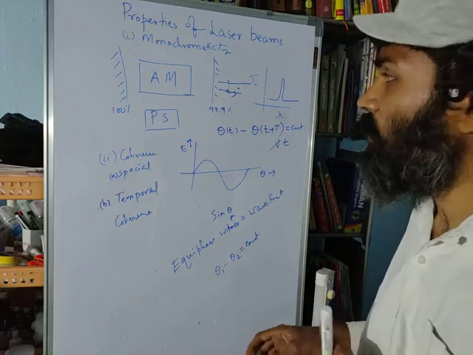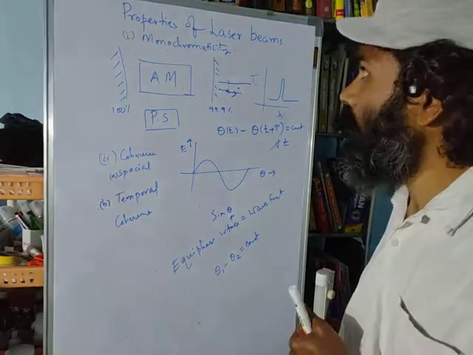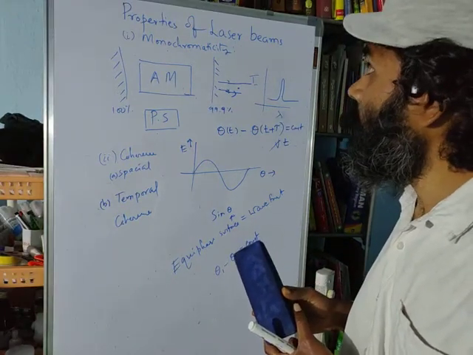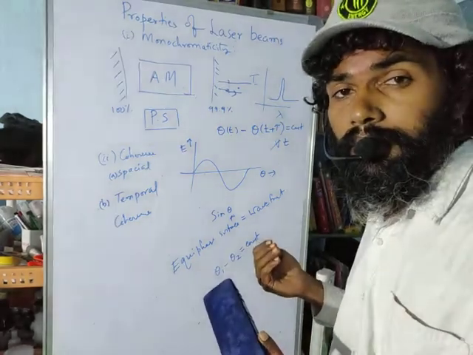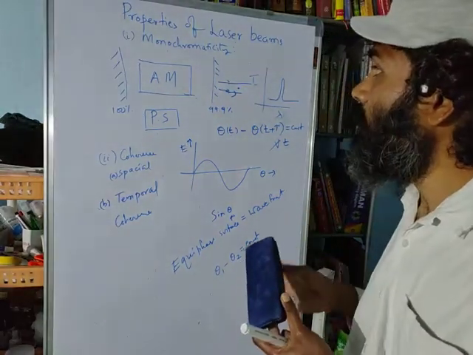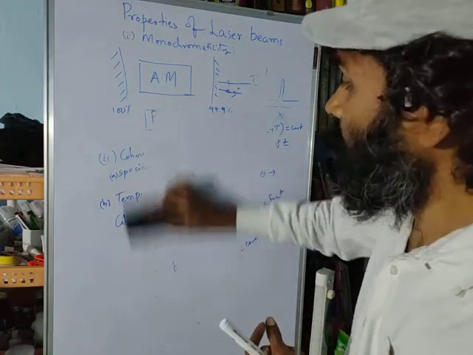Anyways, let me go to the next property of the laser beams, which is about the short pulse nature of the laser beam. For that, I need more space, so let me erase some of the stuff on the board.